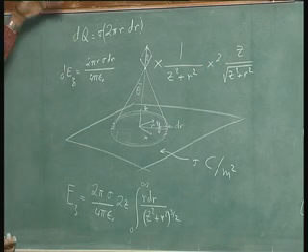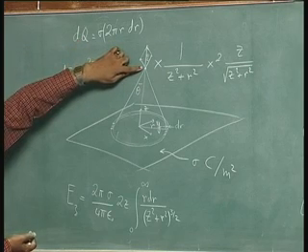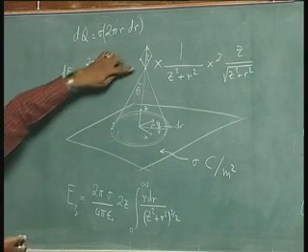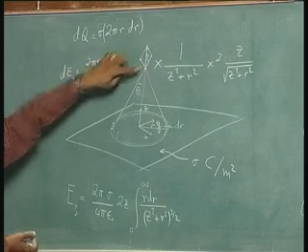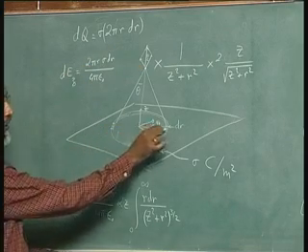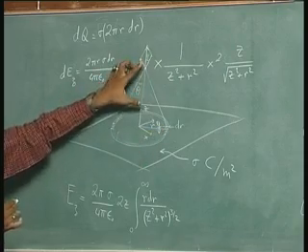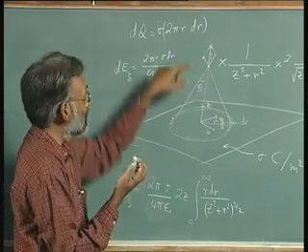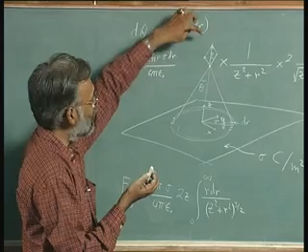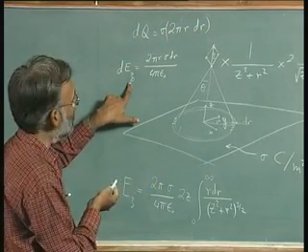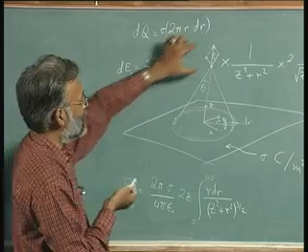So, how did I reach here? For any point here, all points on a circle are equally far from this point. So, I take points that are opposite, I add up the vectors, those vectors cancel sideways, they add vertically. So, you get a vertical vector. Vertical vector means along z. How much is that vector?